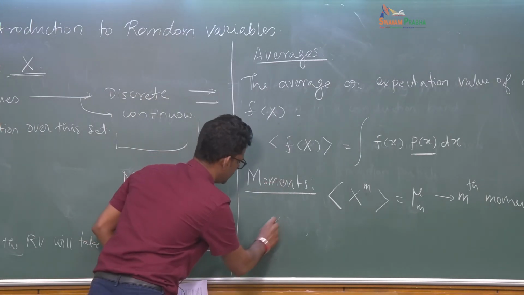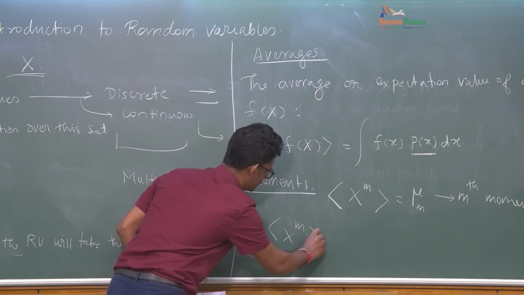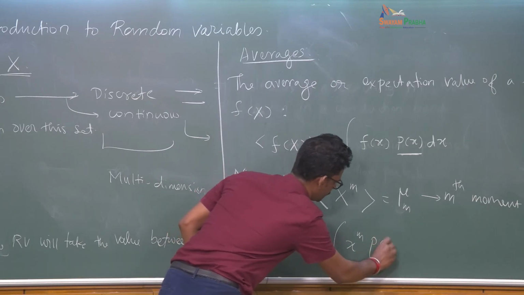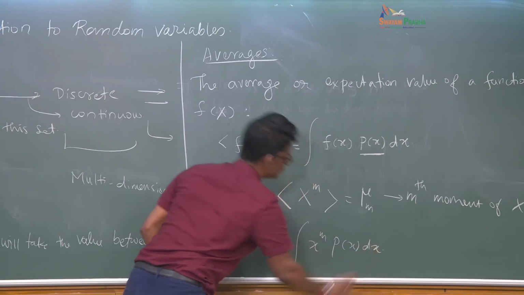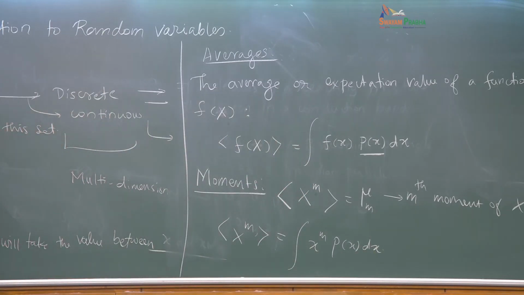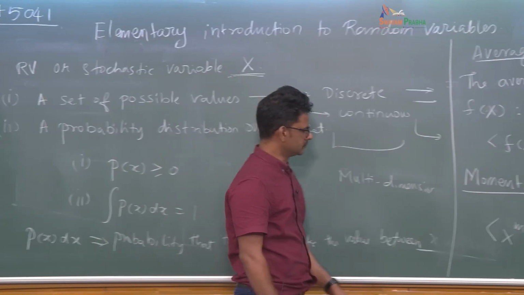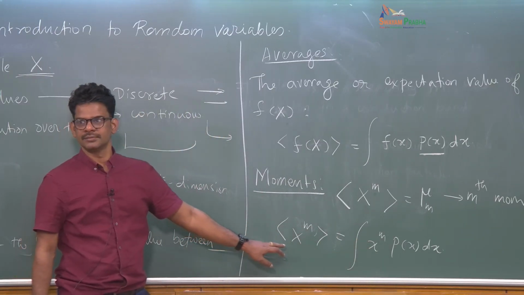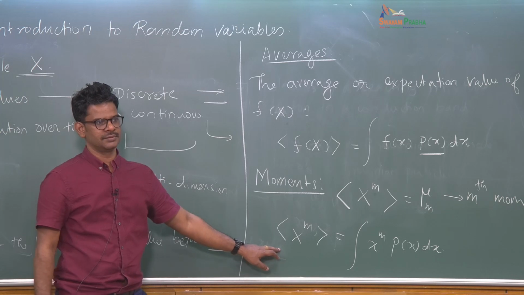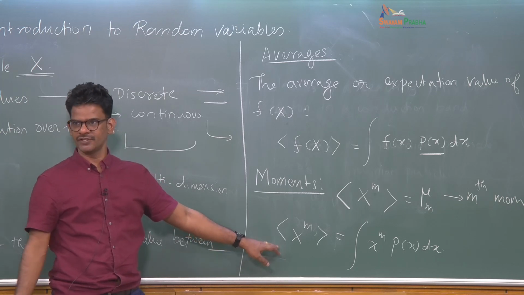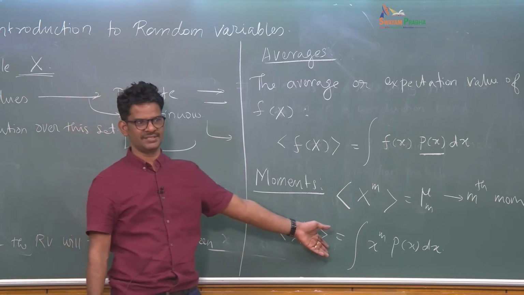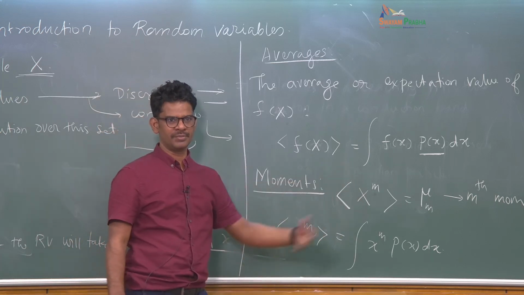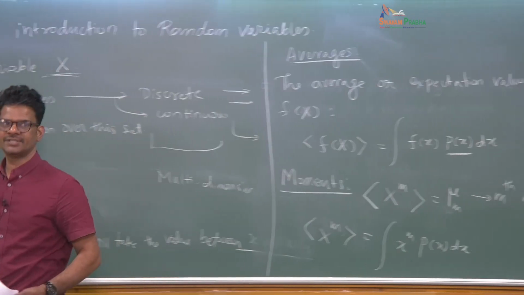Similarly, we define the mth moment as the integral of x power m times p of x dx. So when you substitute m equal to 1, what do you get? Expectation or average. The first moment is nothing but the average value of x itself, okay. When you put 2, 3, 4 and other numbers, you get higher order averages or higher order moments.